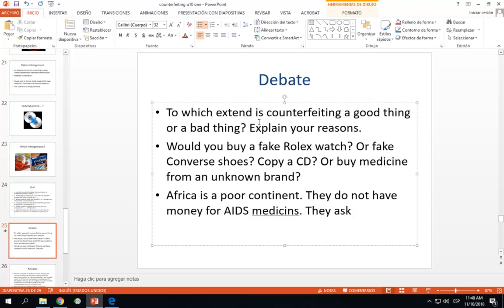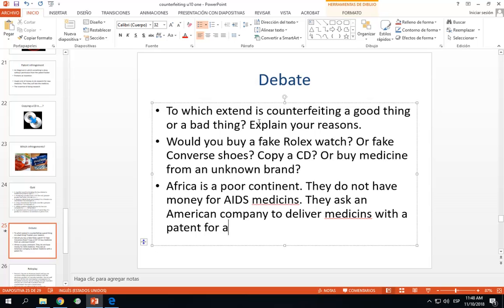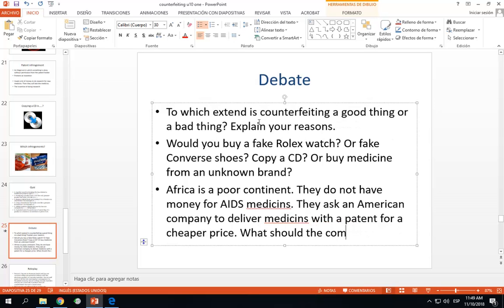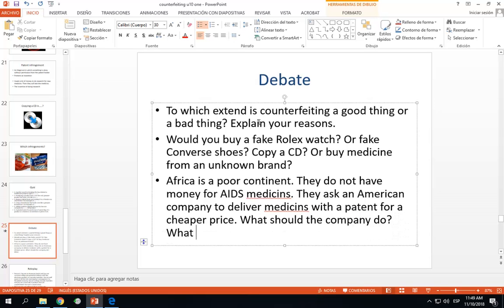They ask an American company to deliver medicines with a patent for a cheaper price. What should the company do? What are the risks?